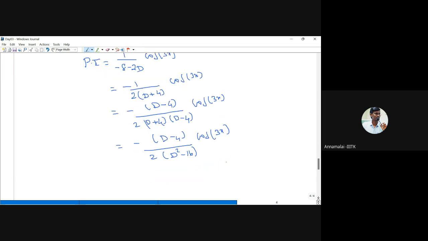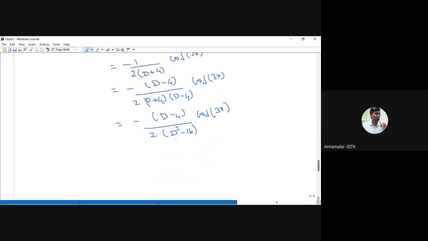Now replace d square by minus 9 again, because we have a d square in the denominator. So minus 9 minus 16 is minus 25, which is not 0. So minus minus, and already a minus here, so therefore a plus, and then 50. So 1 by 2 into 25, that is 50. And then the numerator we have d minus 4 times cos of 3x.